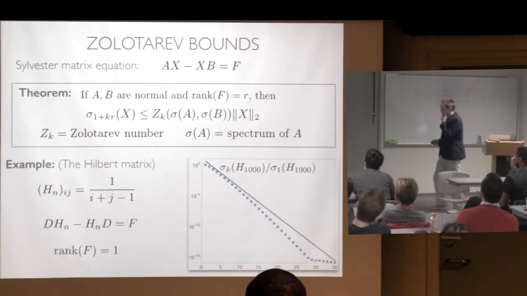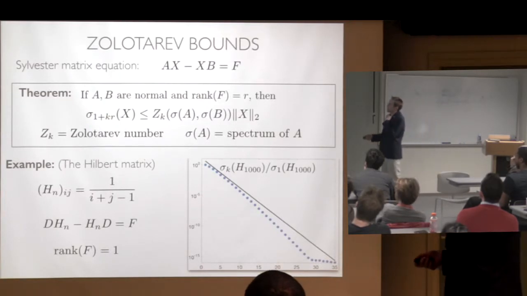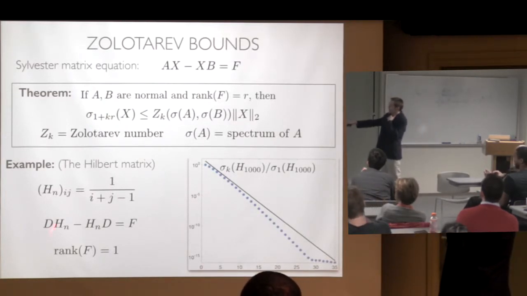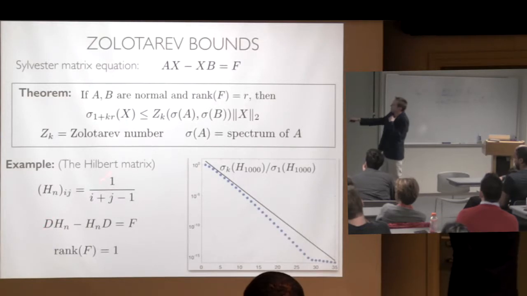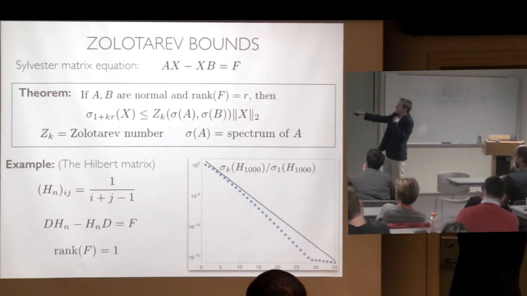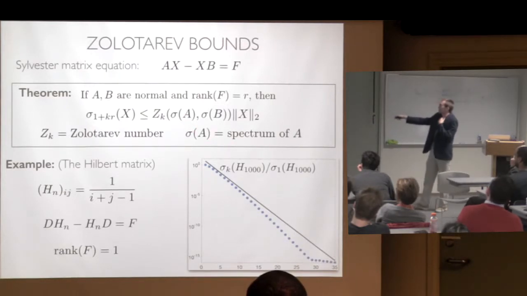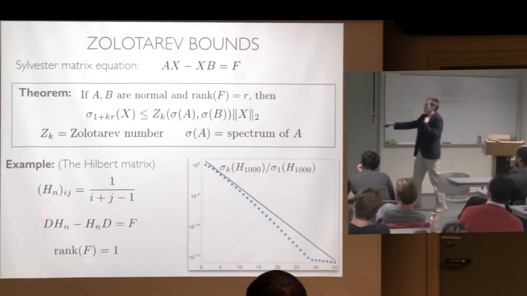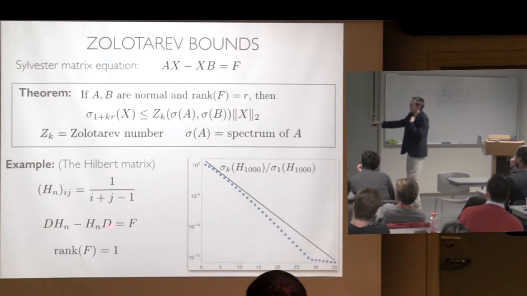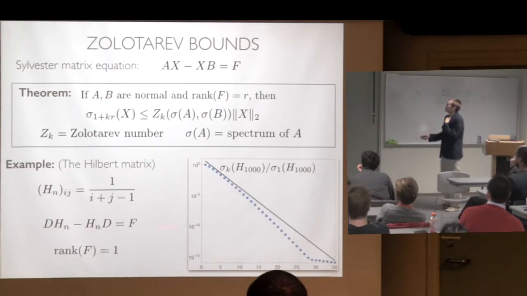So for example, for the Hilbert matrix again, the D over here is my A. This Zolotarev number is based on the eigenvalues of A, so the spectrum of A, and the spectrum of B. So we know what D lives in, and we know what this other D, minus D, lives in. So here's the bound that you get from this theorem, and here's the plot of the singular values.